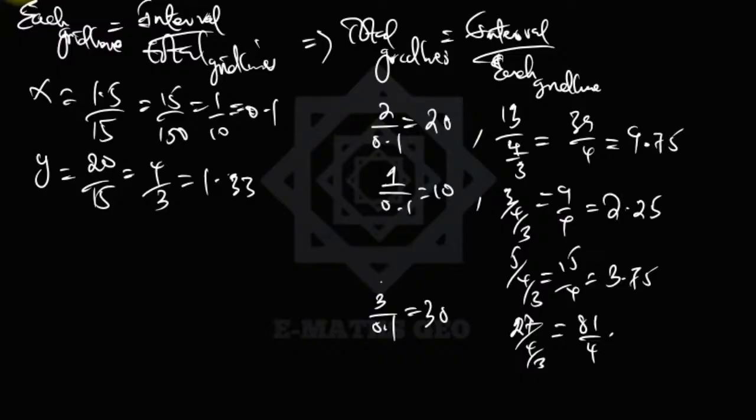Yes, 81 over 4. That's 20.25. So we move 20.